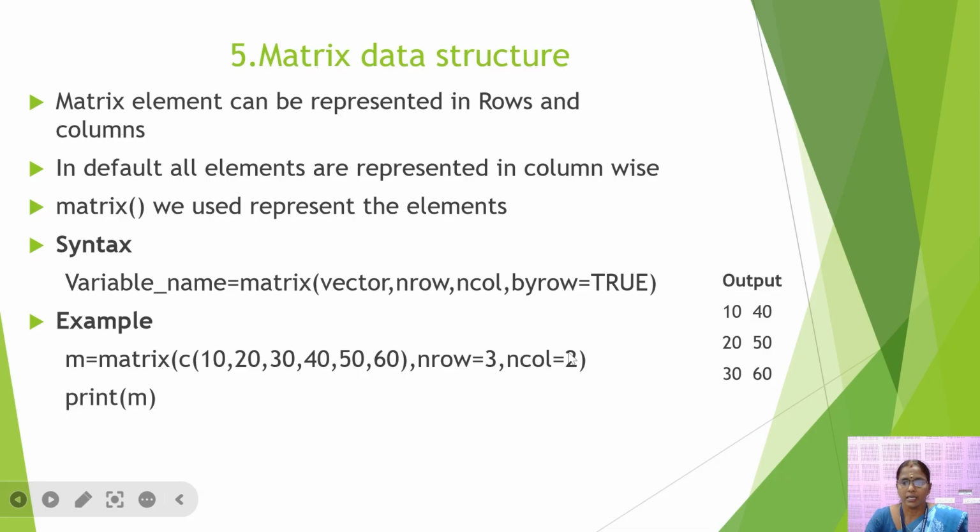In this example, they did not give the byrow equal to TRUE command, so all the values are represented by default. Default means it displays all elements column-wise. Column-wise means the first 3 rows, as given by the command nrow 3: 10, 20, 30 is the first column, 40, 50, 60 is the second column.